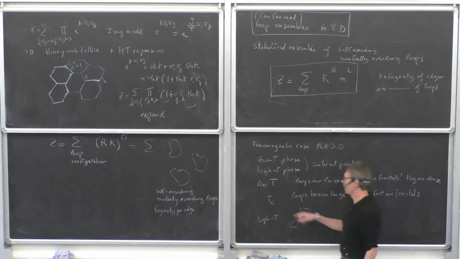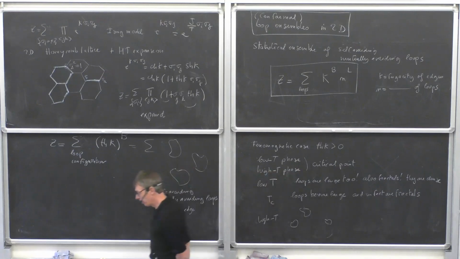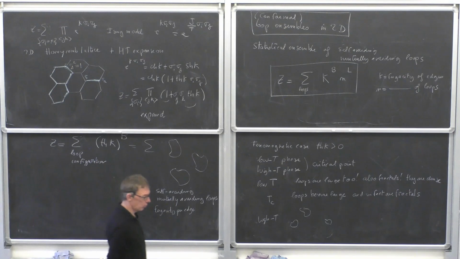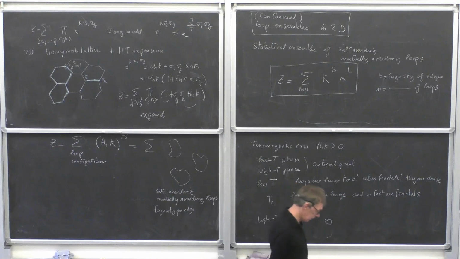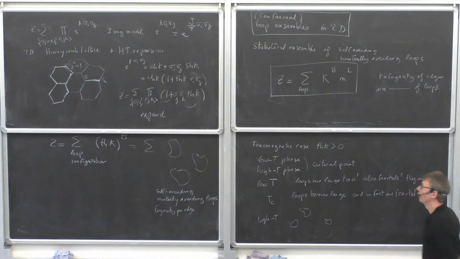So it turns out that in the low temperature phase, the loops are also interesting. And we will see that in general, loop ensembles have two phases of interest: the critical phase, which is also sometimes called the dilute phase, and the dense phase. But let's not get too far ahead of ourselves.